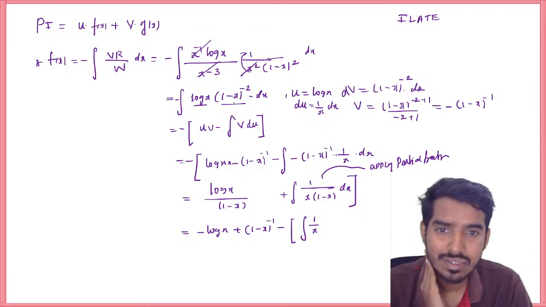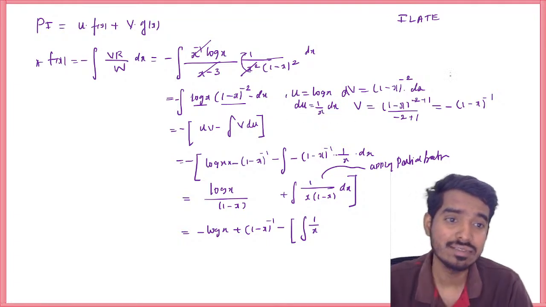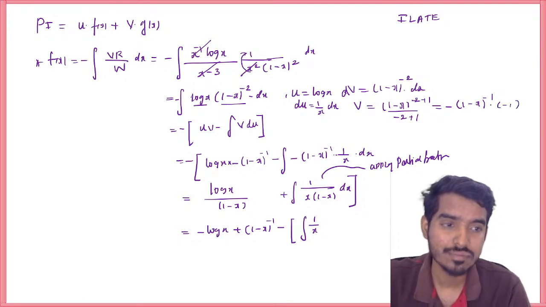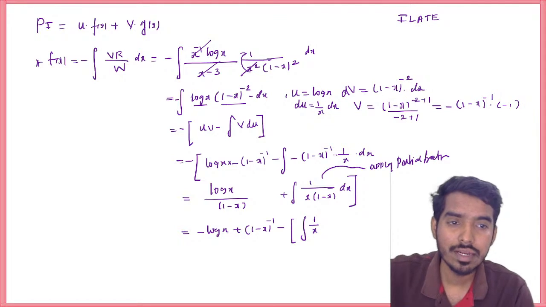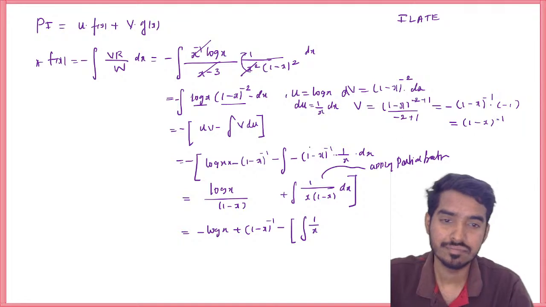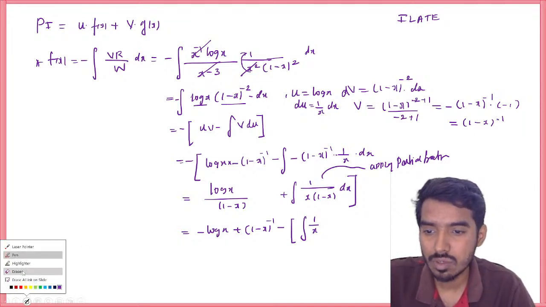U is log x, dv is 1 by x. Just a minute. You need to differentiate inside, right? You have minus 1. So integrate, and you have to differentiate the inside term, right? Put it up in the denominator. You will have minus 1 by 1 minus x whole, plus 1 minus x.